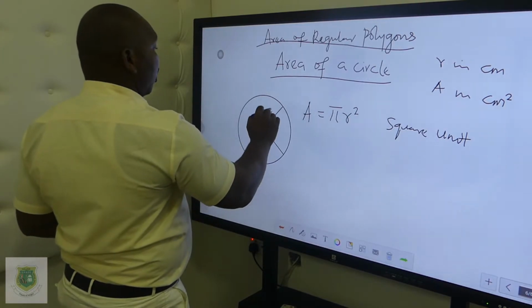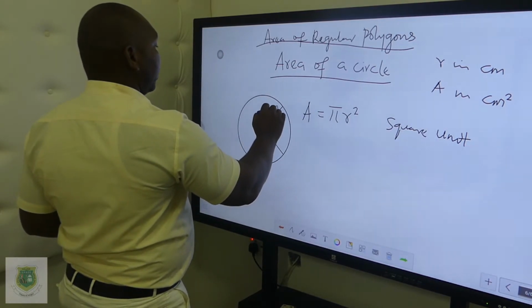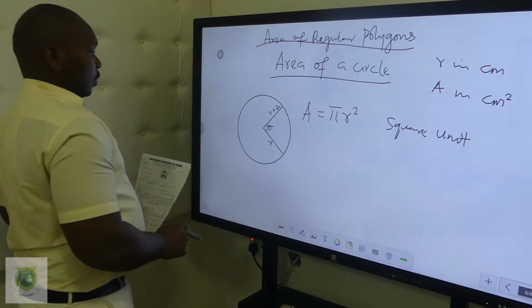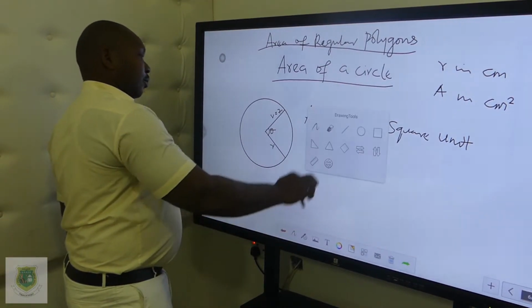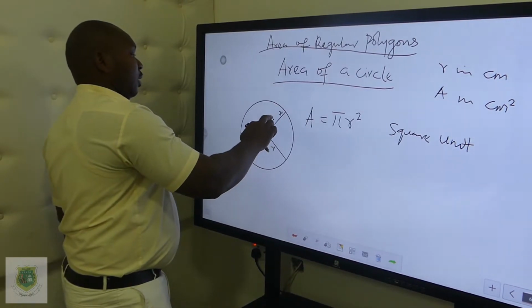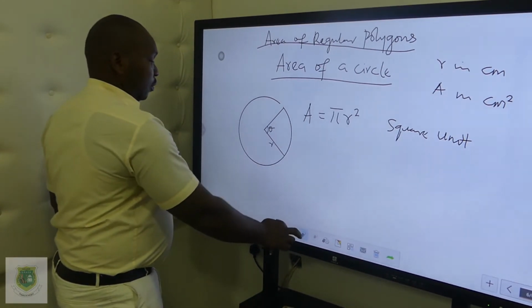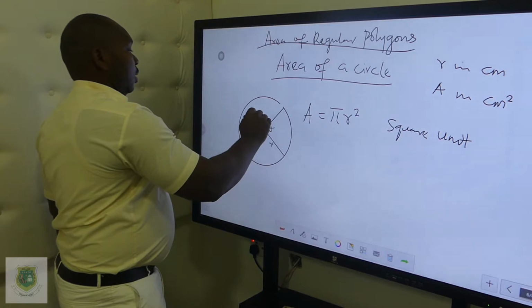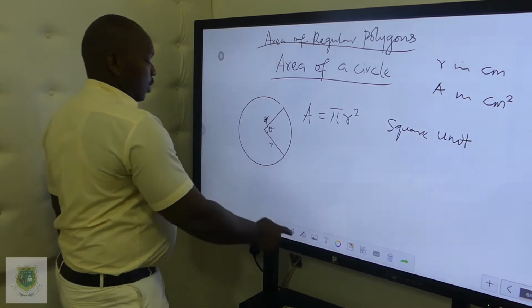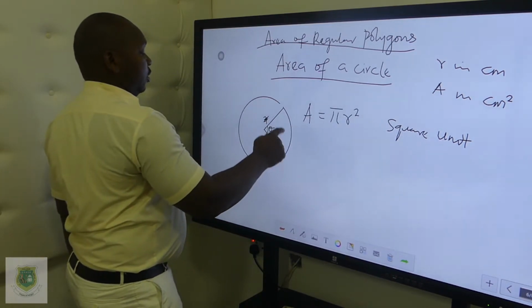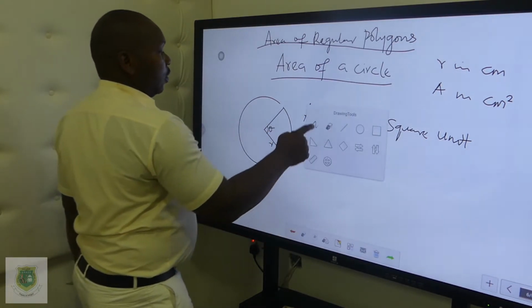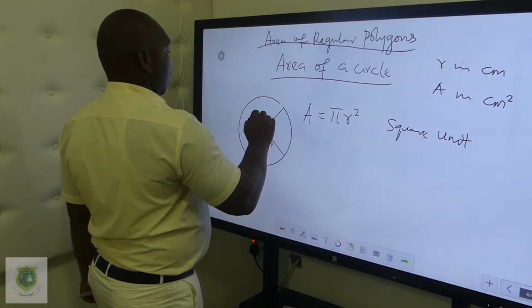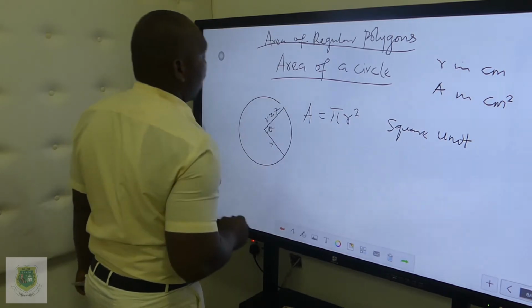So the radius of this circle now is 7. How do we calculate it?